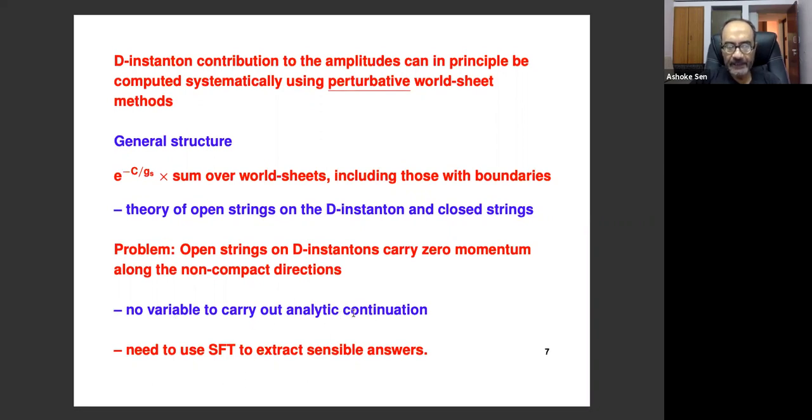As I said earlier, you deal with the divergences in the worldsheet formalism by analytically continuing momentum, and this you cannot do with the open strings that live on the d-instanton. This is the reason why you need to use string field theory to extract sensible answers for d-instanton amplitudes, and we'll see this very explicitly as we proceed.